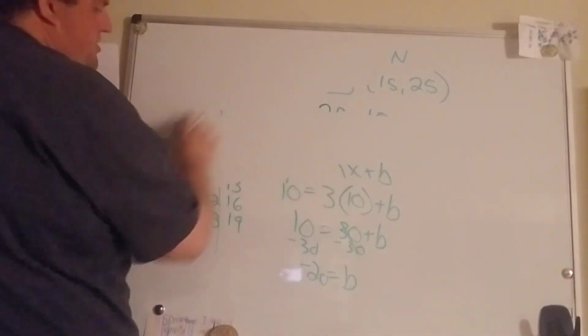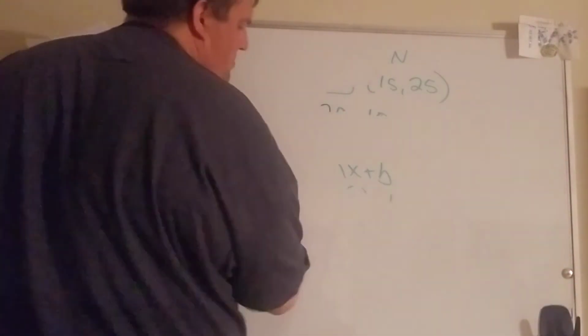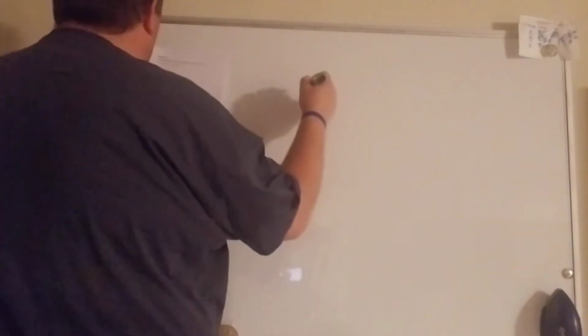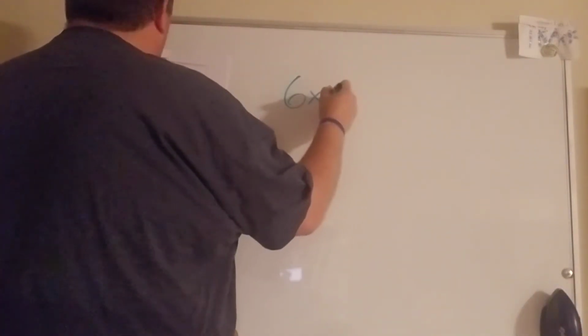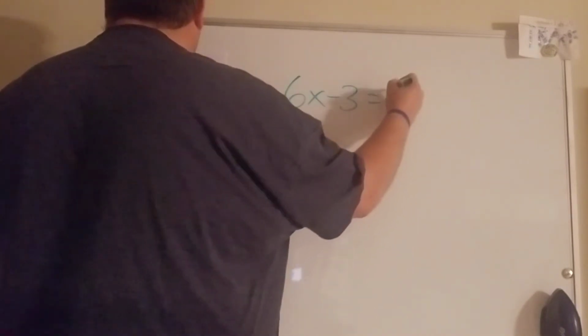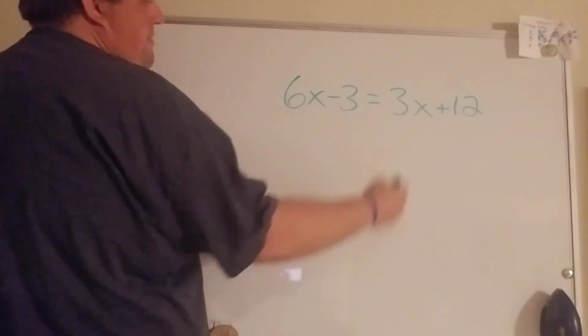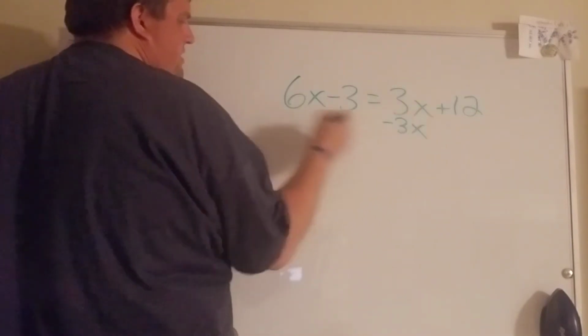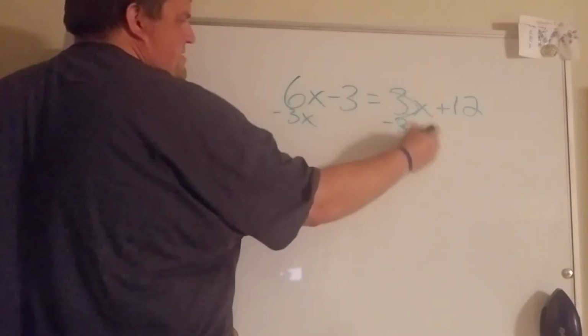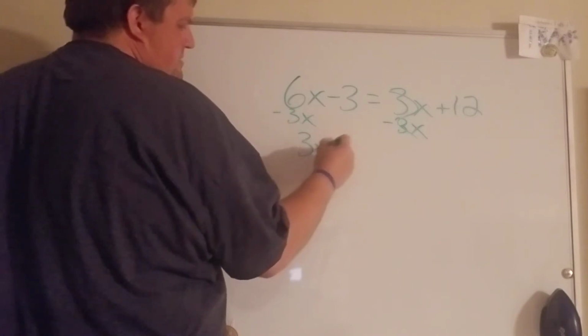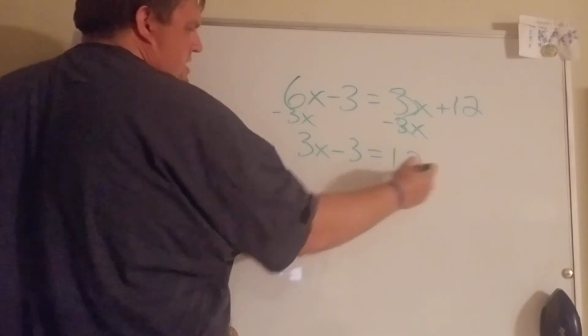Number 10 is just a little solve an equation. I hope that out of all the things that you're good at, this is like number 1 on the list, as we solved a lot of equations in everything we did. So just a quick recap, variables on both sides. I got rid of this one first, one of the x's, doesn't matter which one. That gives me 3x minus 3 equals 12.